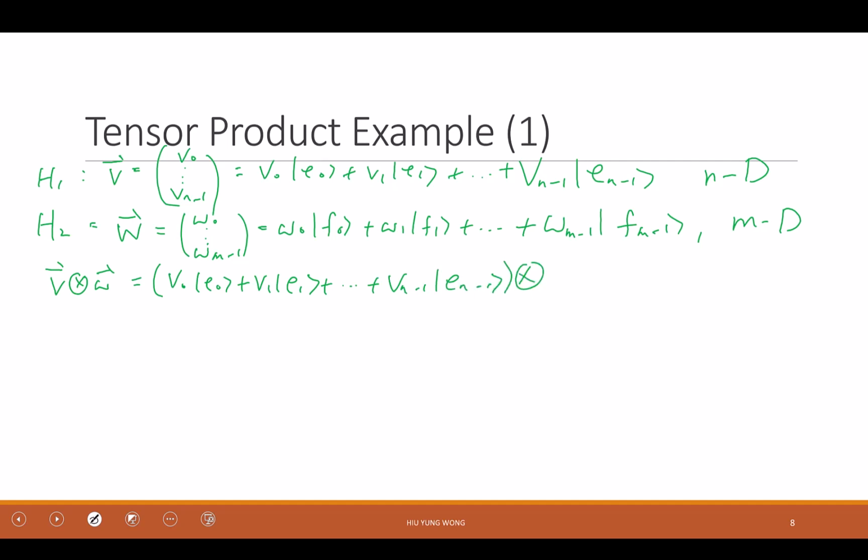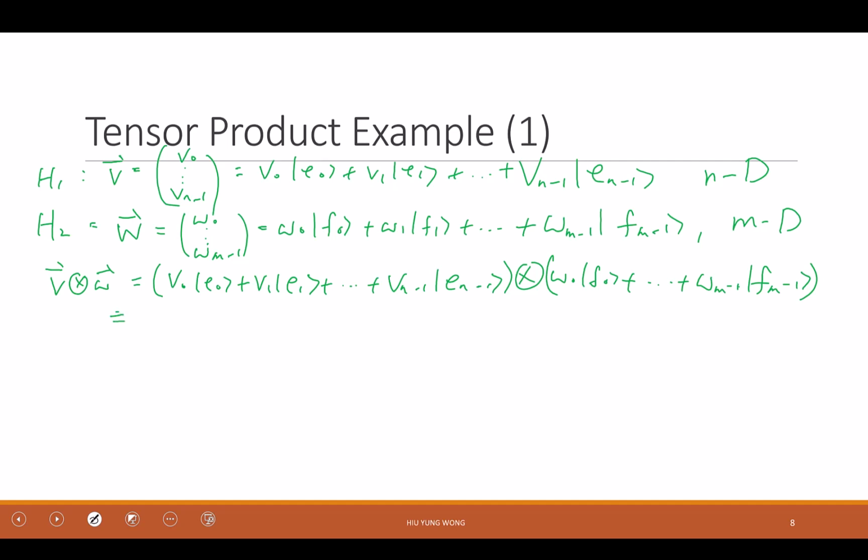Tensor product, the whole thing, W0 F0, Wm minus 1 Fm minus 1. Is this okay? I just do the substitution. And then you just do whatever you do in the distribution law, right? What would this be?